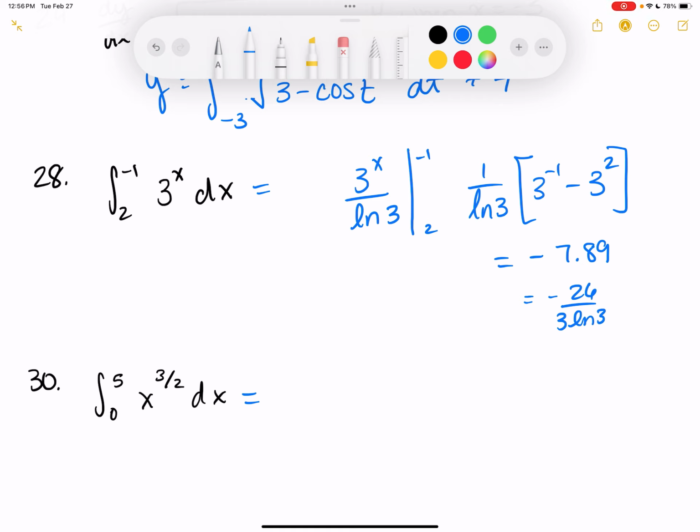How would we find the exponent that's going on it? Add 1 to it. So this would be x to the, add 1, so add 2 over 2, so 5 halves. So then what number has to go in front for that to cancel? 2/5.